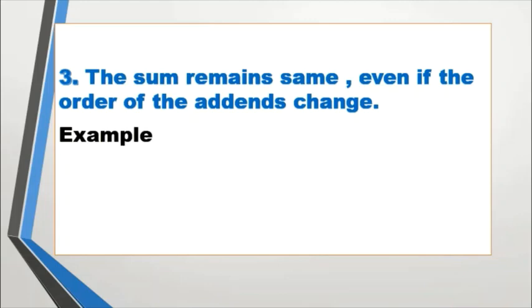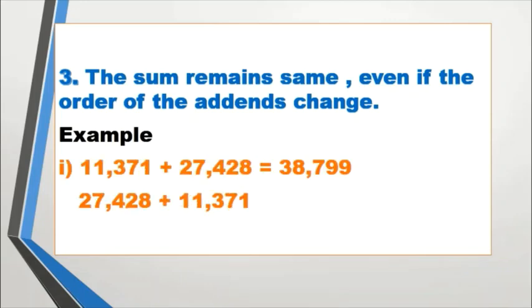Now let us see an example. 11,371 plus 27,428 is 38,799. Now, if we change the order of the addends, that is 27,428 plus 11,371 is equal to 38,799. The sum didn't change even if we change the order of the addends.